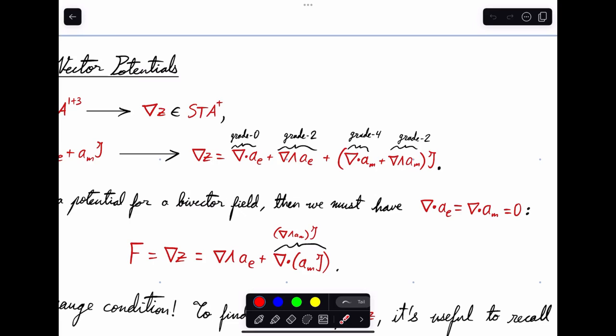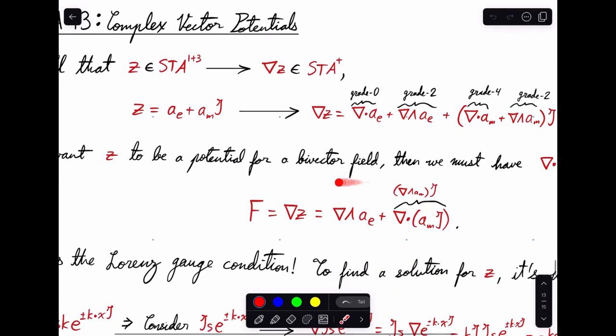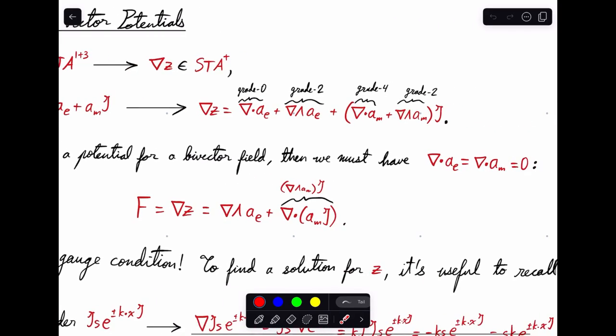If you want this to be the potential for a bivector field, that means you want the gradient of z to only have bivector components. So these are not bivector components, so these are set equal to 0, which means that this right here would be your equation with the potential representation here.